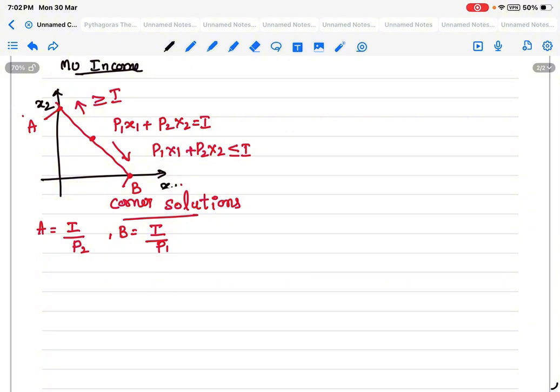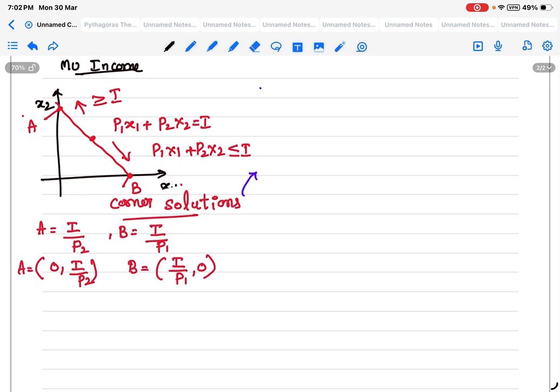So the coordinates of A equal 0 comma I by P2, and the coordinates of B equal I by P1 comma 0.